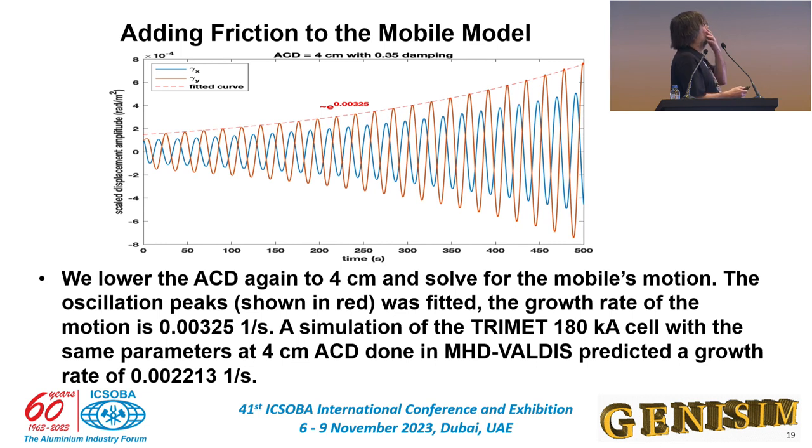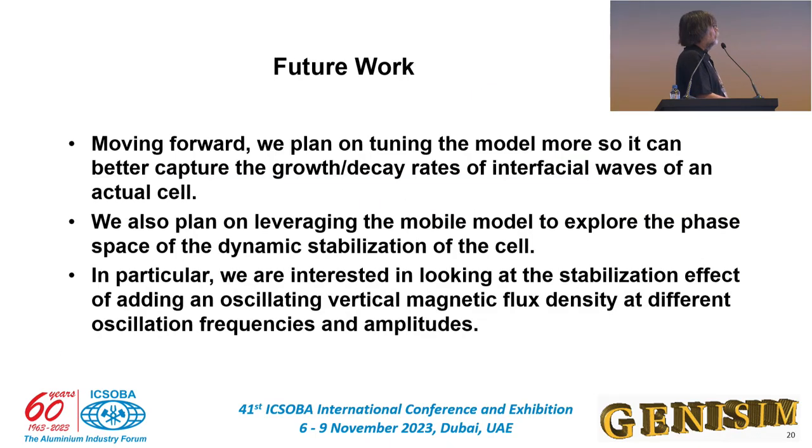That means that even if it's still not perfect and we still have some ideas to further improve it, we now have a simple analytic model that is giving a growth rate in a second, that we are planning to use to investigate the design space of issues like when you modulate your magnetic field to stabilize your cell.